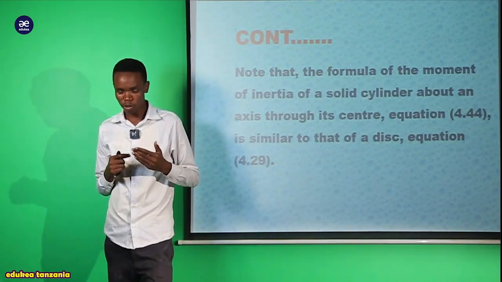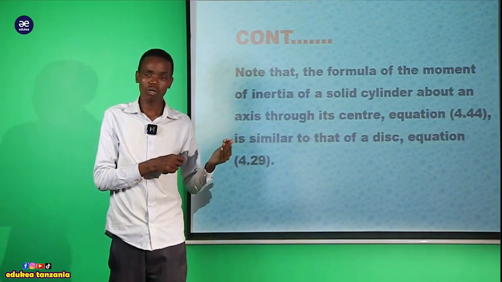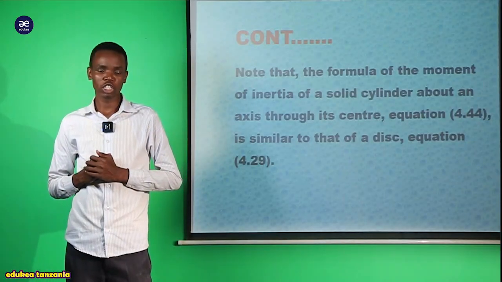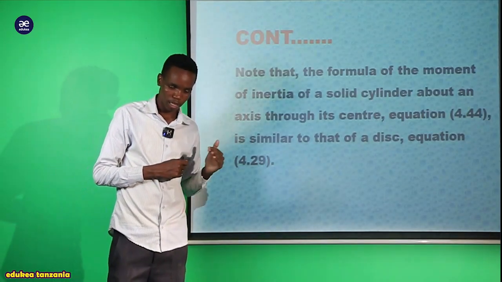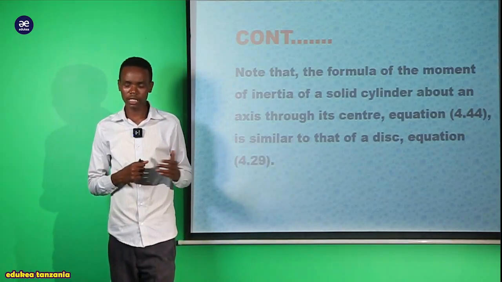Kwa hiyo kitu ambacho tukiconclude pale kwamba formula ya kutafuta moment of inertia ya solid cylinder ni sawa na formula ya kutafuta moment of inertia ya ile cylinder. It means ya hii sphere.